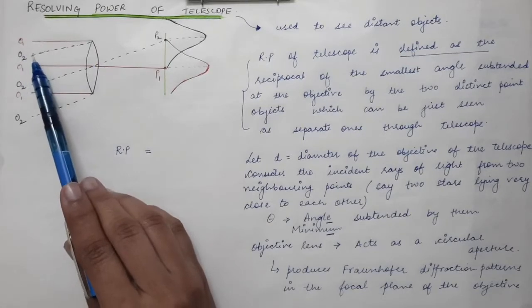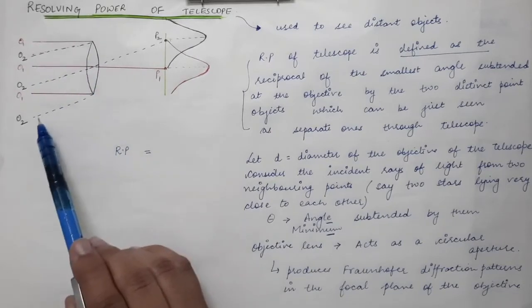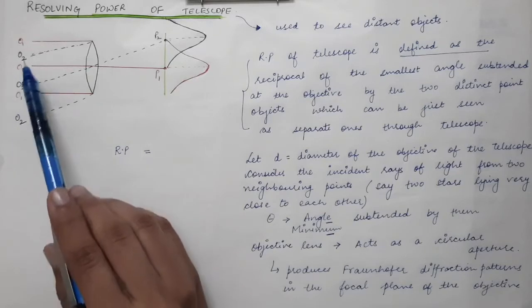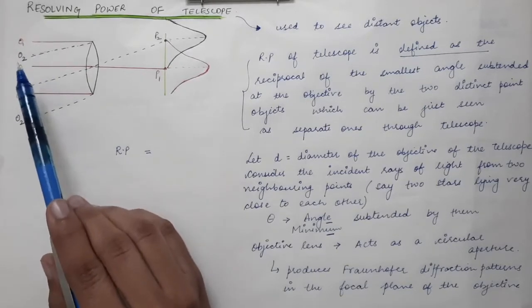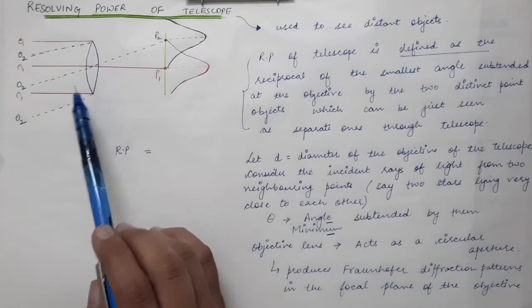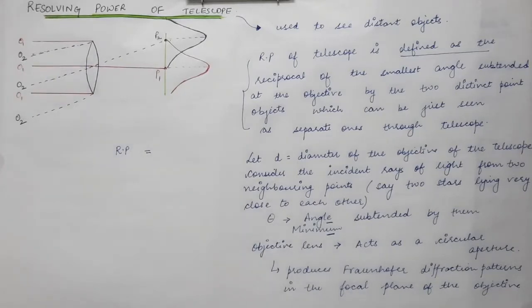Therefore the light rays which are reaching the objective lens are a bit tilted, but these are parallel to each other. These black dotted lines are parallel to each other. This is because the object O2 as well as the object O1 are at a very far away distance from the objective lens of the telescope. Therefore we have drawn parallel lines.